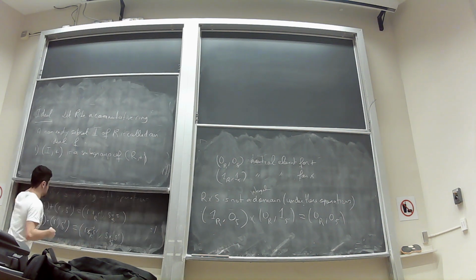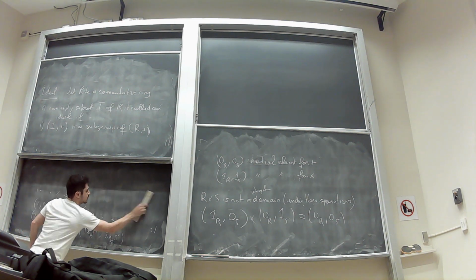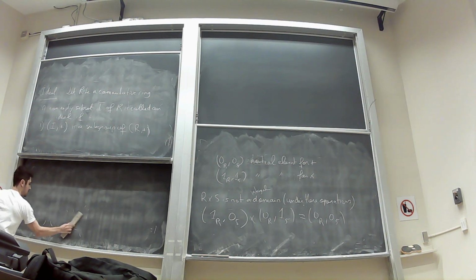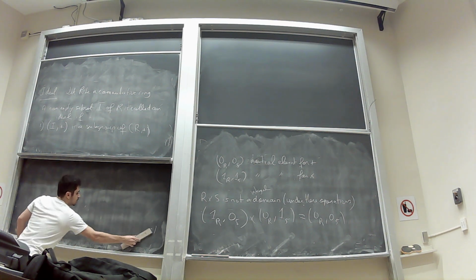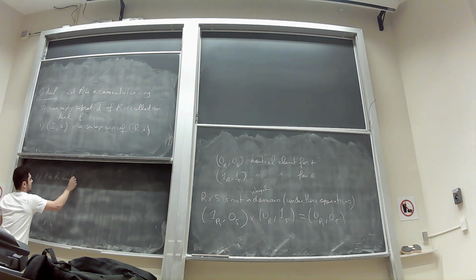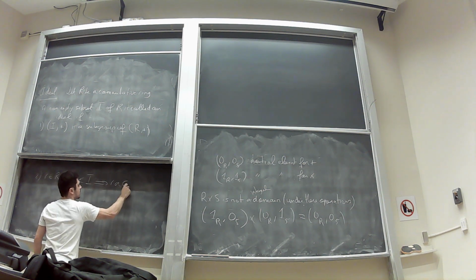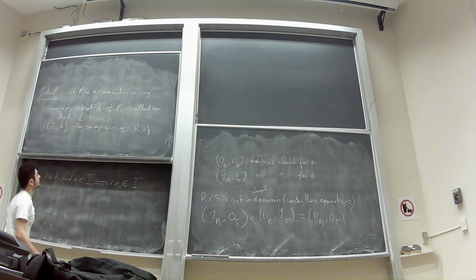Of course, the plus could go away without putting it, but let's put it. And the second important property of ideals: if r belongs to R and a belongs to I, this implies ra belongs to I.